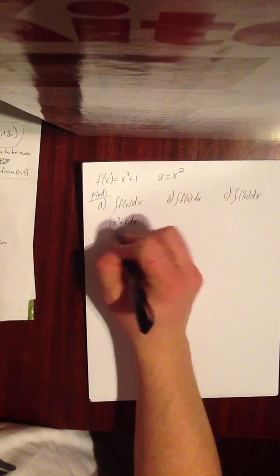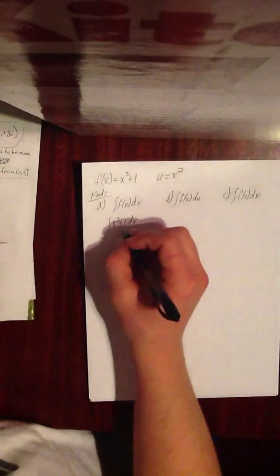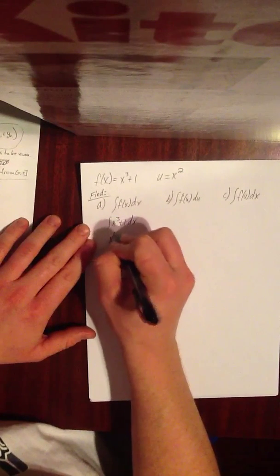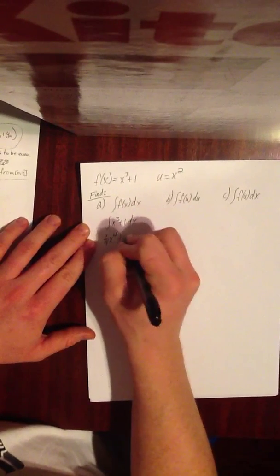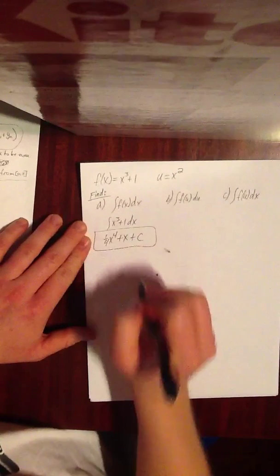You don't need to use substitution. It's just x to the third would be x to the fourth, 1/4 x to the fourth, right? Plus x plus c. Done. Derivative of that's that. Boom. Money. Easy deal.